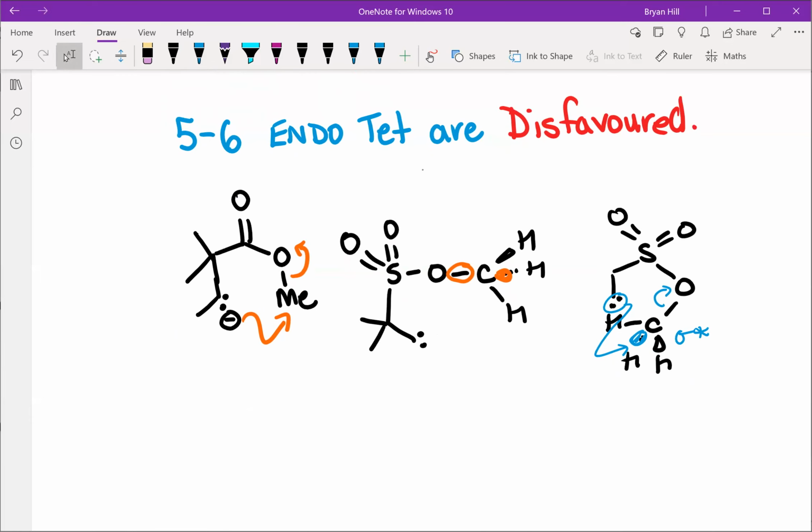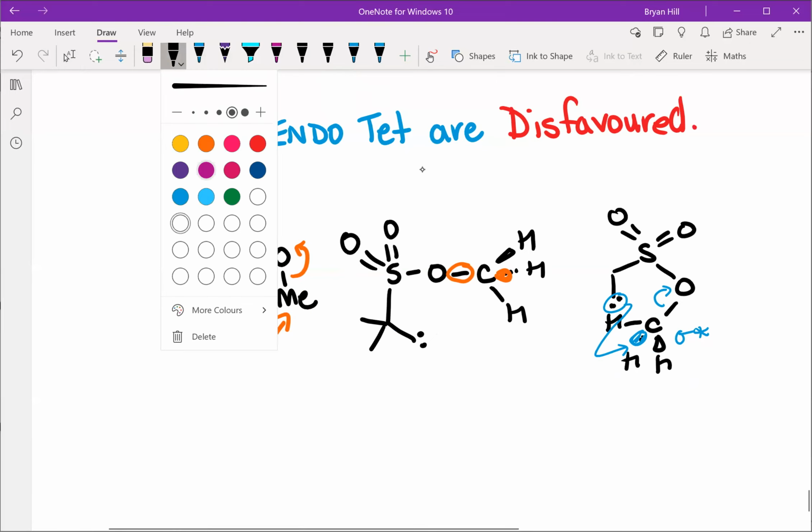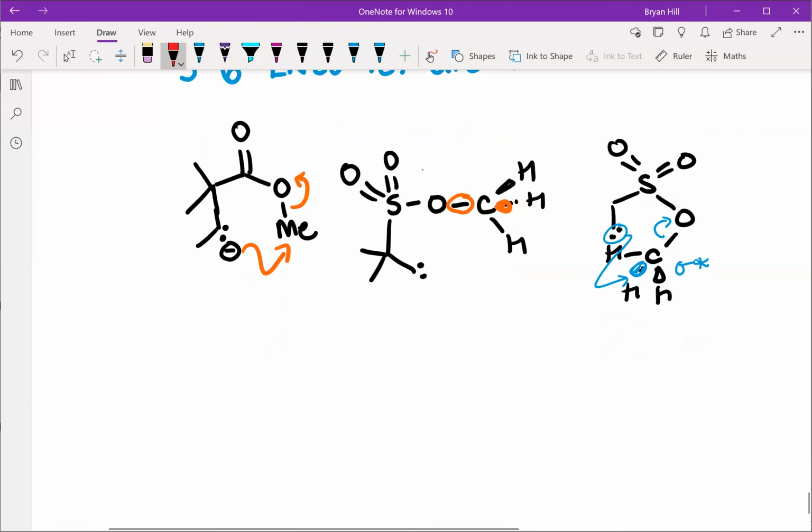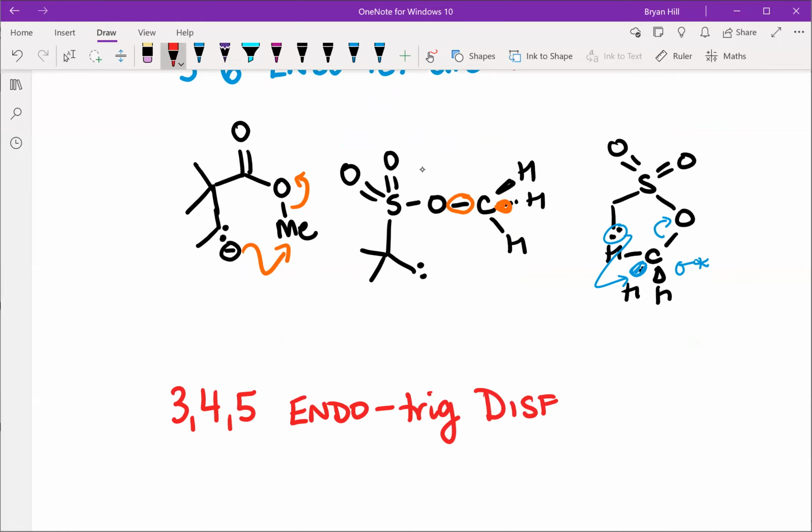Some of the other ones that are disfavored, I'll draw this in red. Three, 4, 5 endo-trig, disfavored. You can find the odd exception to this rule somewhere, and if you do, that would be super.